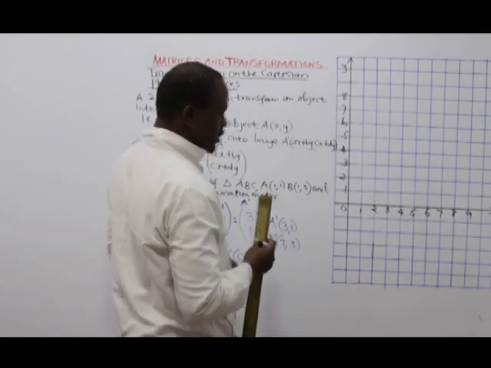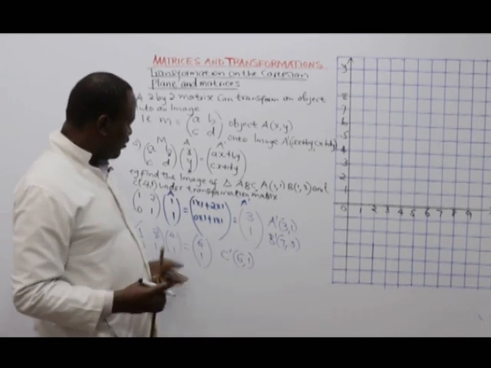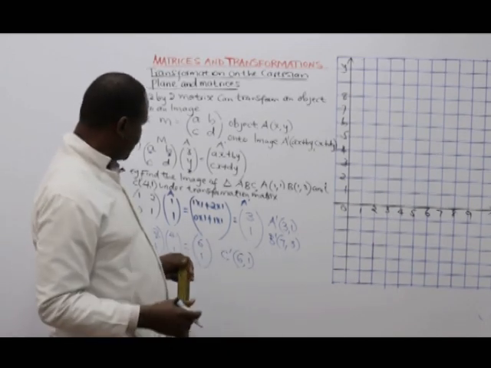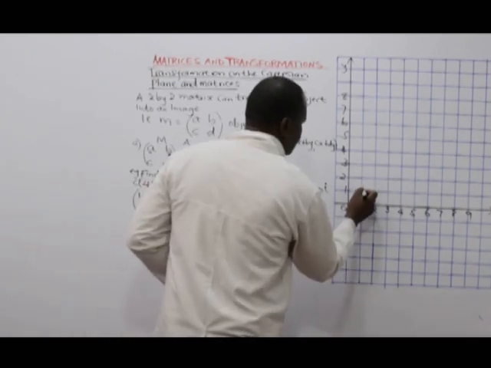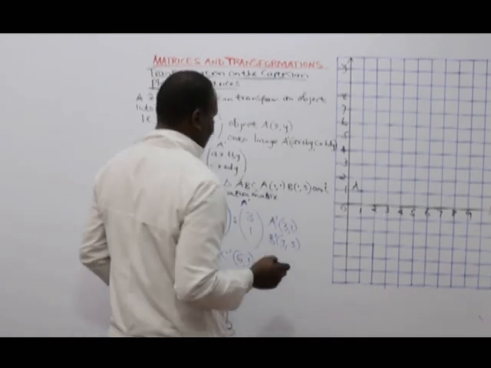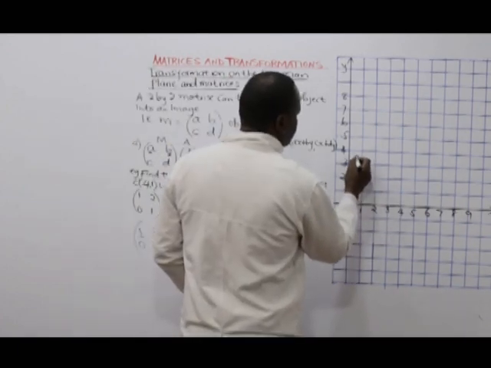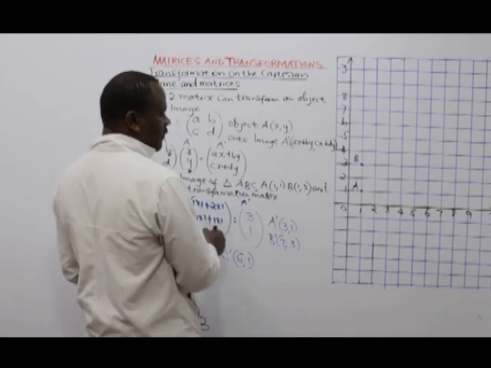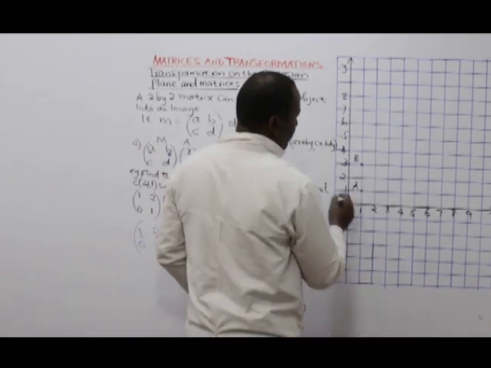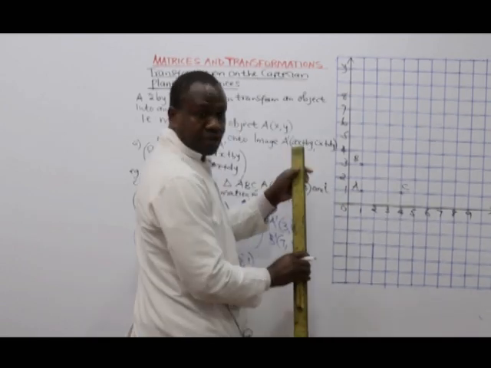So we plot A as (1, 1), B as (1, 3), C as (4, 1). Then we join with a ruler.